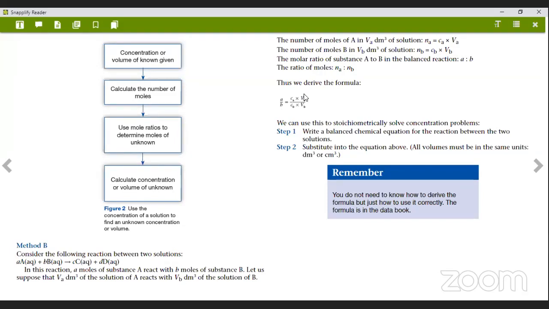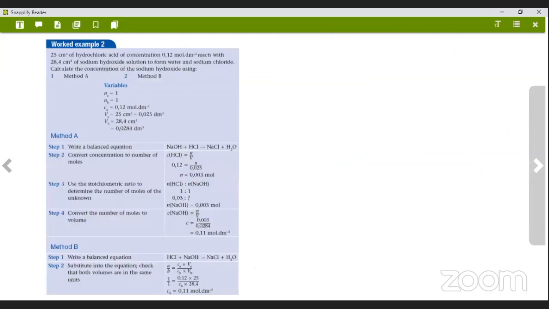For the volume, if they've given it to you in cm cubed, you need to convert it into dm cubed. One of the concentrations will be given to you, and you'll be looking for the other one. I hope you understand it.